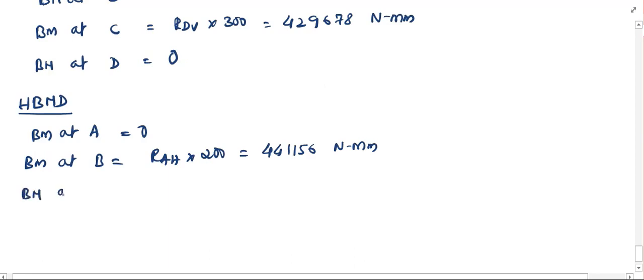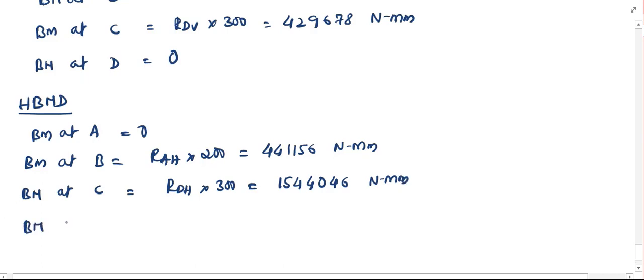Bending moment at C is equal to RDH into 300. That is equal to 1544046 Newton mm. The last bending moment at D is equal to 0.